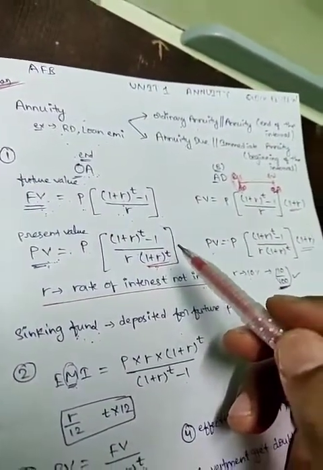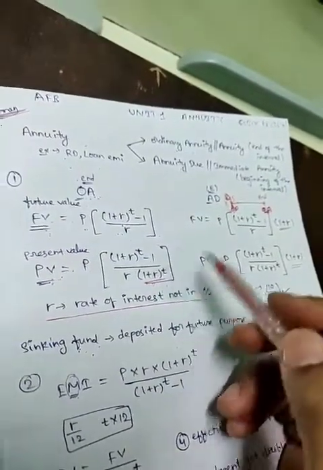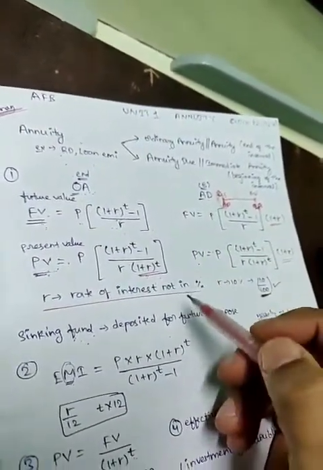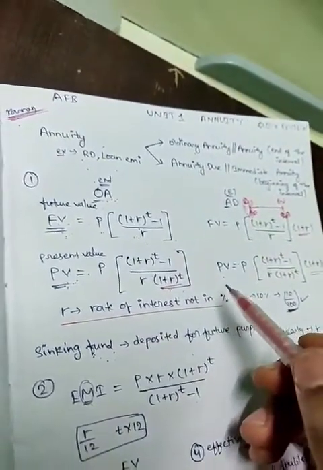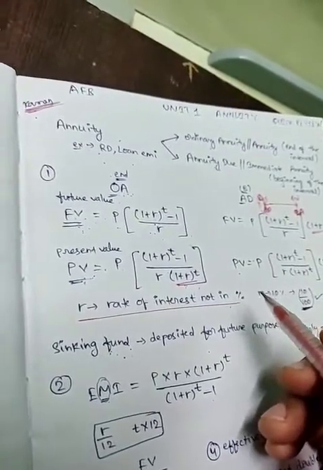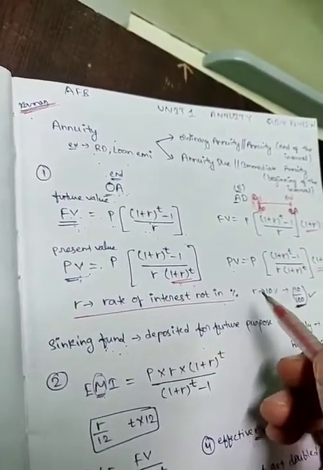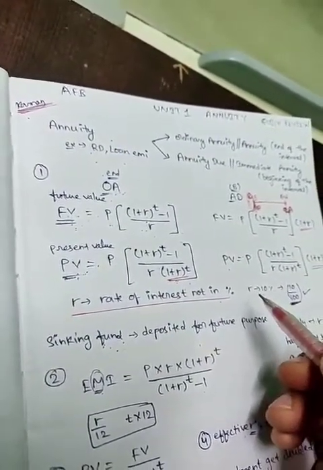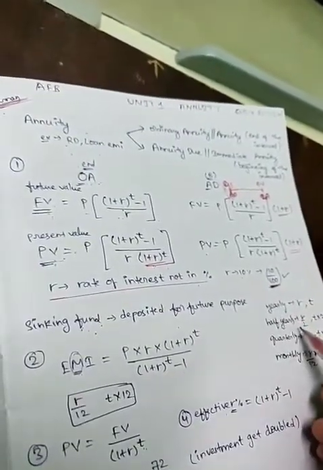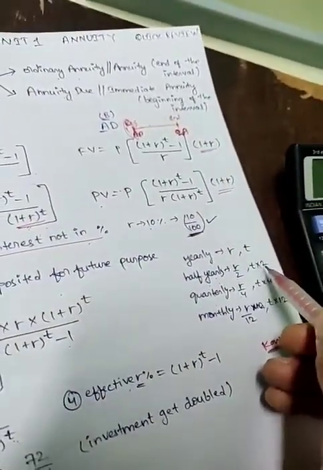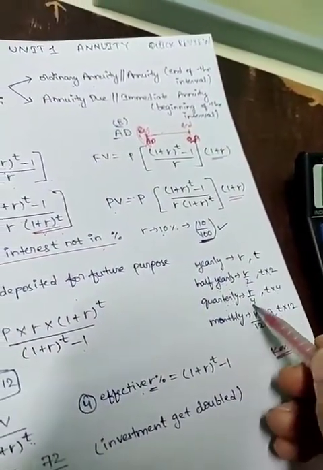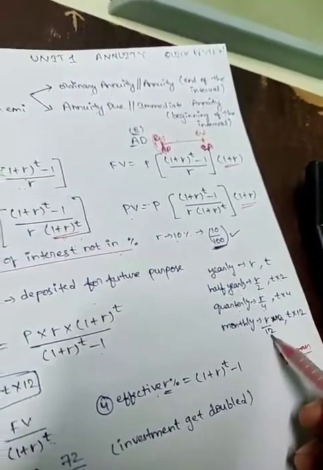So till now we have discussed 5 formulas. In all of these, the rate of interest and time period play a vital role in getting the final answer. In a question, we have to observe the terms annually, half yearly, quarterly or monthly. Based on this, for half yearly we divide R by 2 and multiply T by 2. The same for quarterly, where we use 4, and monthly, 12.